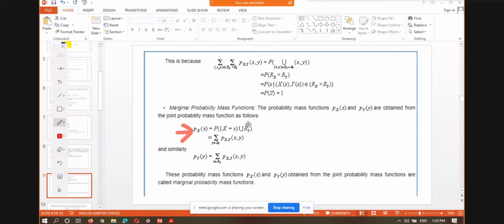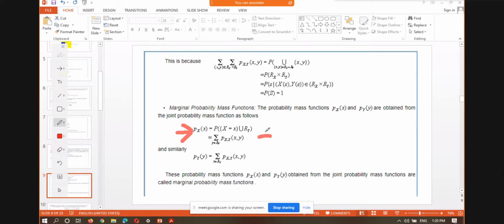So you see this one: if X is a discrete random variable, it is the probability that X equals x, and here we have taken the union with R_Y, the whole range set of y, which gives us the probability of (x, y).